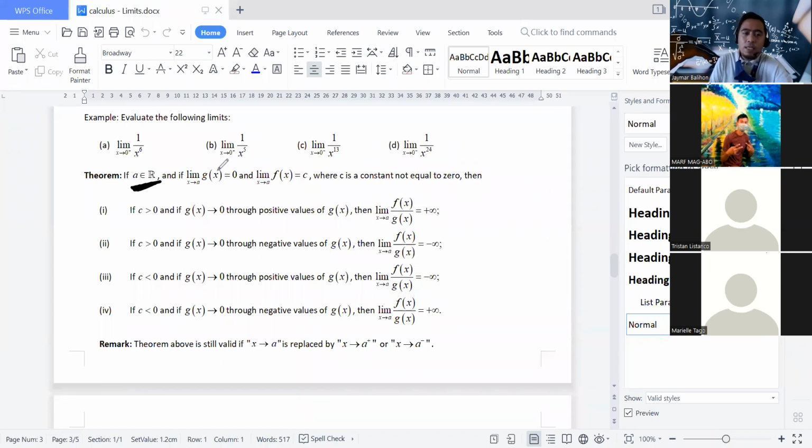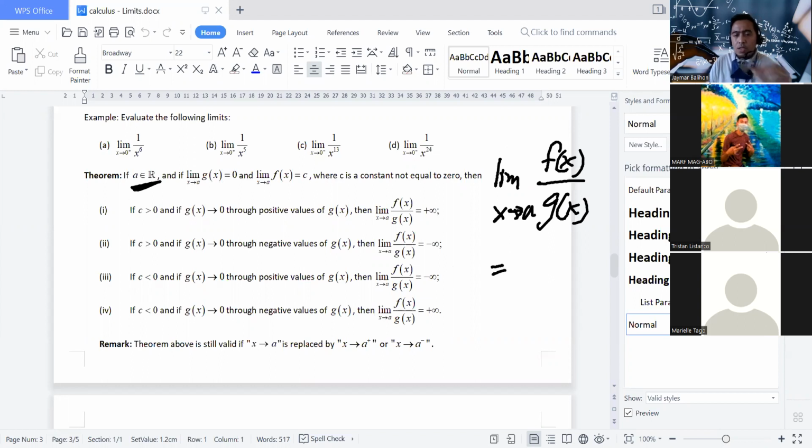This theorem works if you have the limit of f of x over g of x as x approaches a. If you get the limit of the numerator and the answer is a constant over 0, then you have to consider the following conditions.